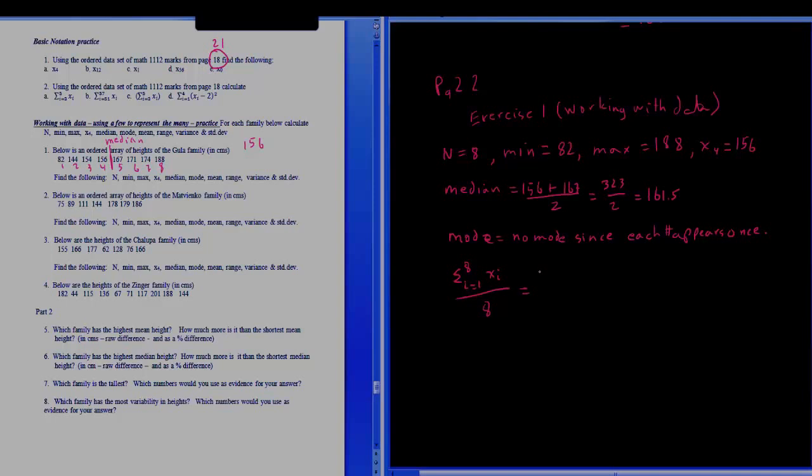So this will equal 82 plus 144 plus 154 plus 156 plus 167 plus 71 plus 174 plus 188, all divided by 8, which comes out to 1,236 over 8, which equals 154.5.